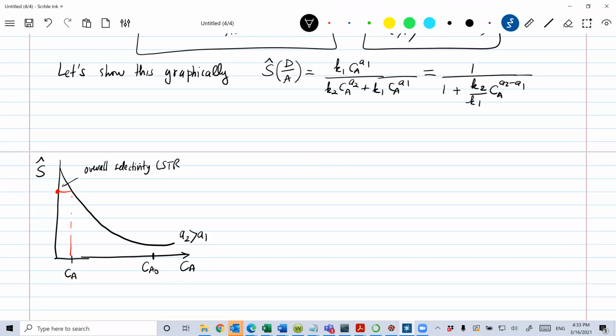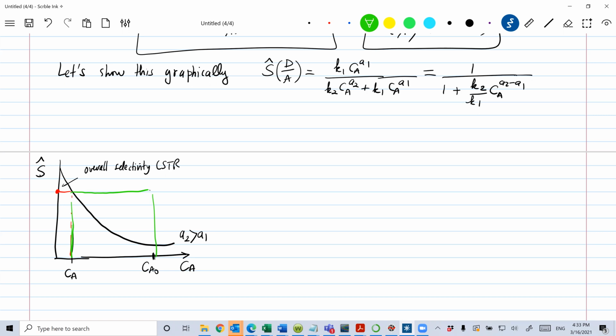If you want to know how much CD is formed, it's multiplying CA minus CA naught times S. I'm going to put it in a different color to make sure we don't get confused. That is, in the rectangle, how much CD is formed. It's not the volume of the reactor, okay? It's just how much CD is formed. It's just graphically showing that.